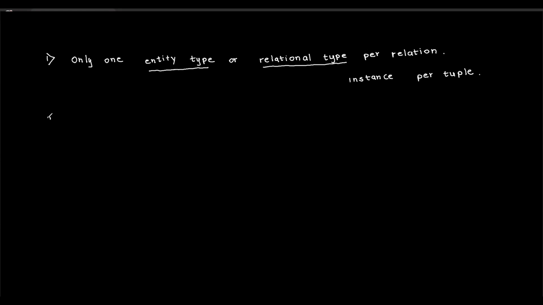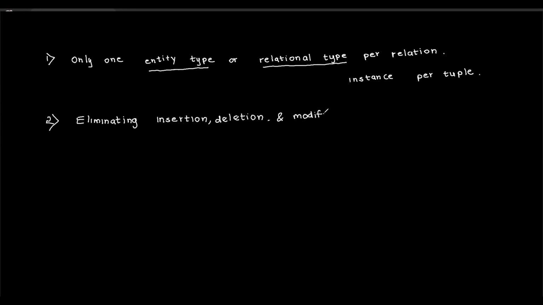The second informal guideline is no anomalies, or eliminating insertion, deletion, and modification anomalies.